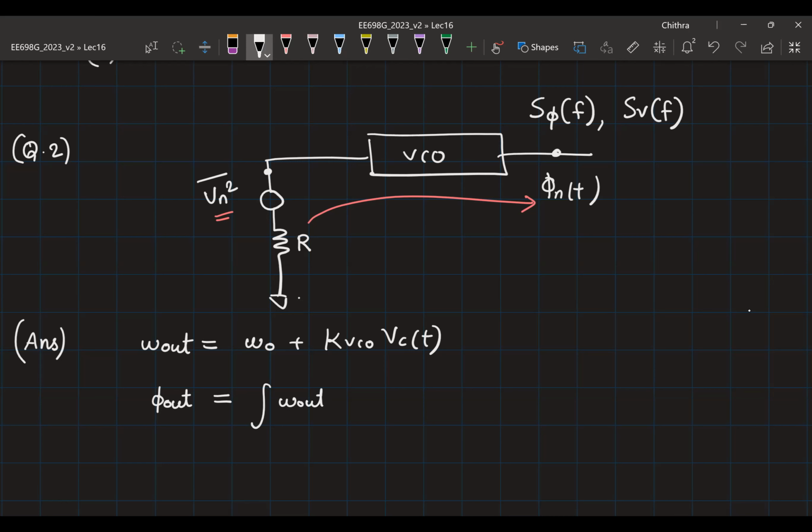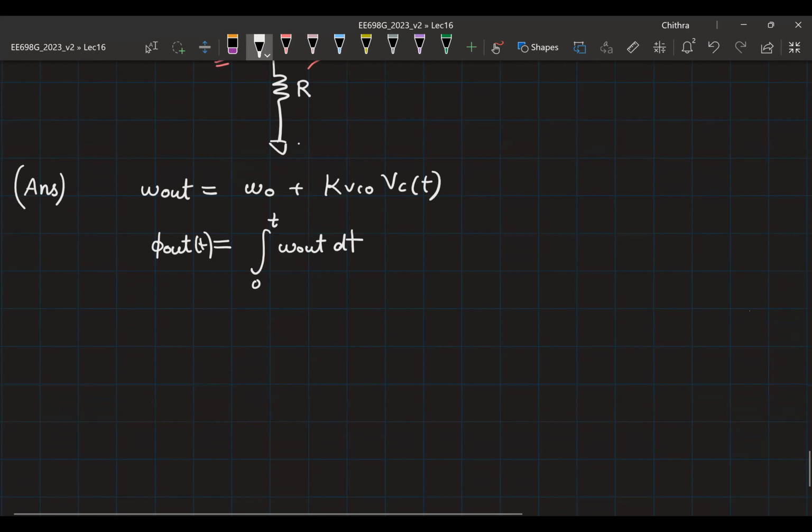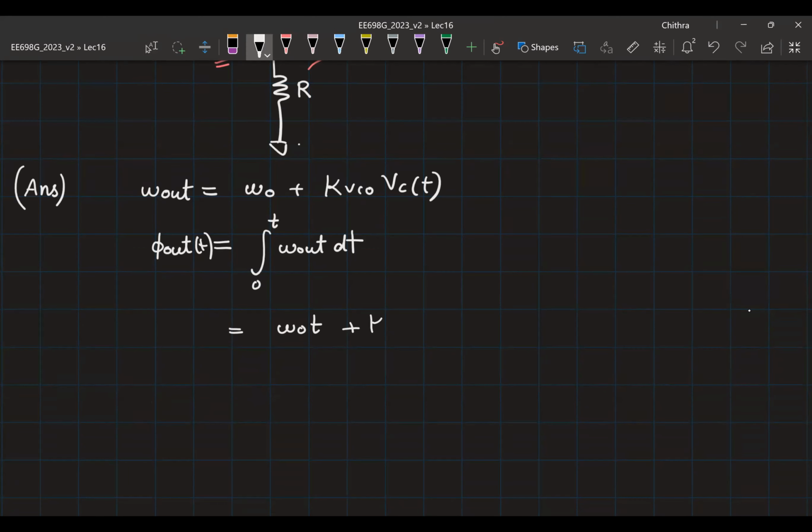Integral of omega out dt, right? Phi out of t will be the integral from 0 to t of omega out dt. That is omega naught times t plus KVCO times the integral of VC of t dt.